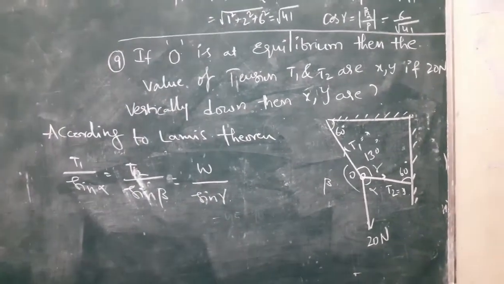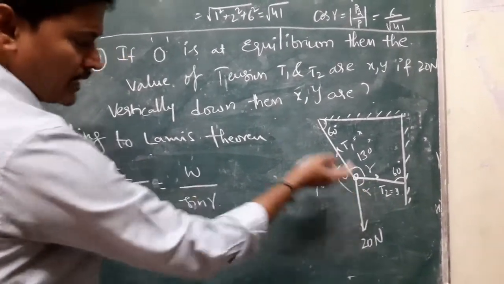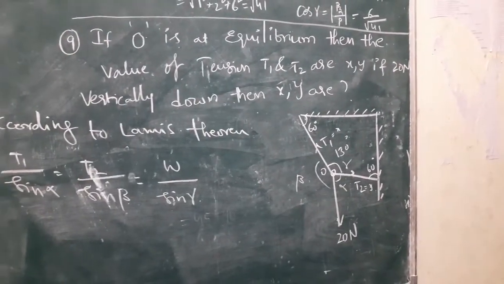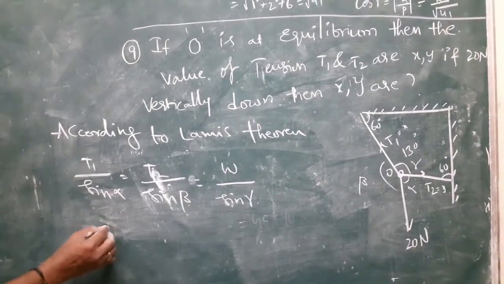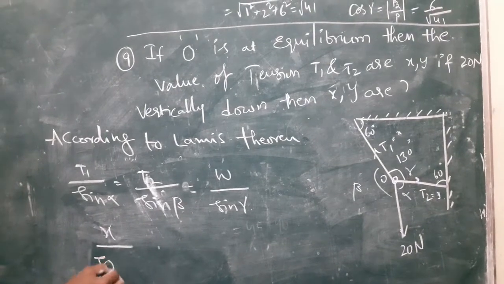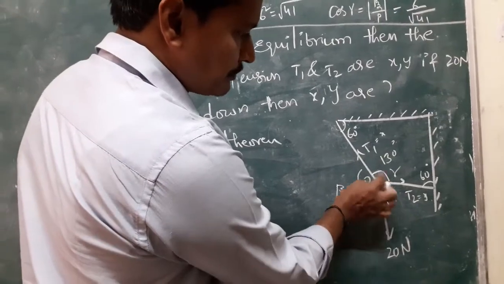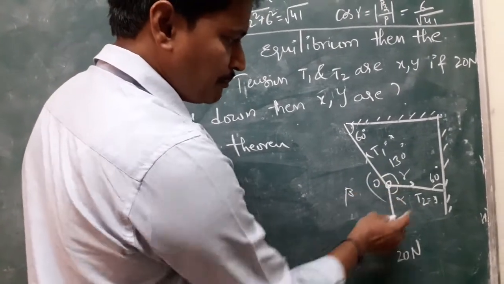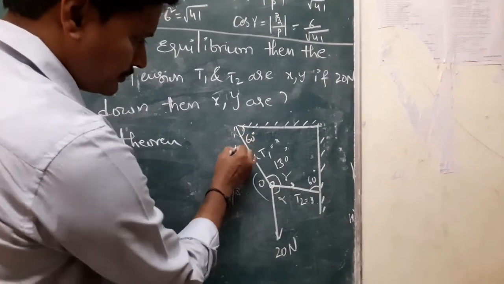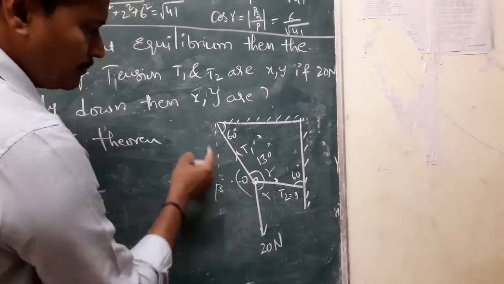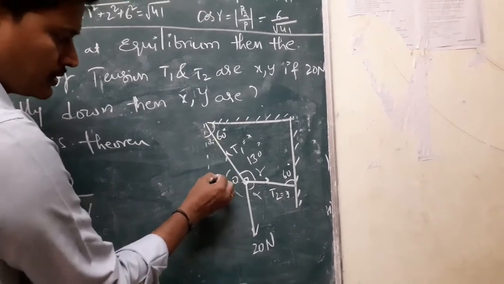The tension force is directly proportional to the sine of the opposite angle between the other two vectors. Therefore, by Lami's theorem, T1, that is x, divided by sine of alpha. Alpha is already calculated as 60 degree. Up to here it is 60, then 30, and this is 90.